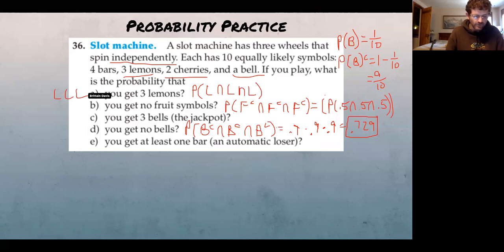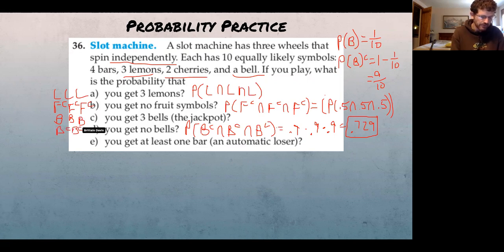There's only one case where we get no fruit, which is fruit complement, fruit complement, fruit complement. Then you get 3 bells, so bell, bell, bell, and then no bells, so bell complement, bell complement, bell complement. This is the only outcome that gives us the success condition.